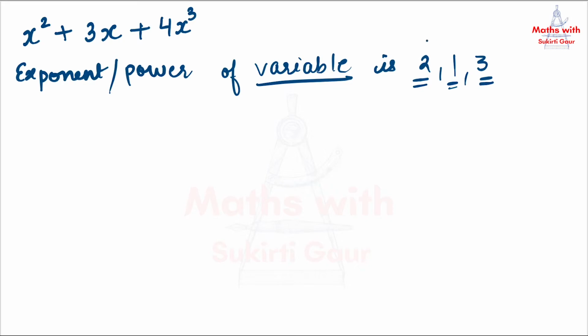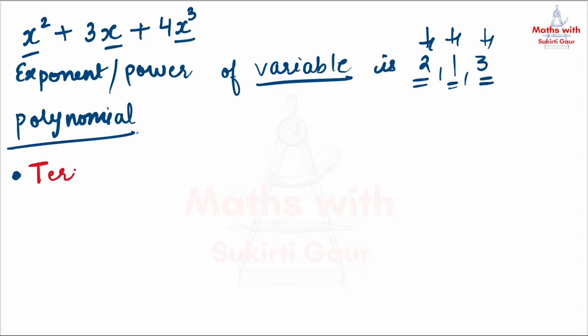These are all whole numbers. So expressions with variables having whole numbers as their power are known as polynomials. I hope the concept is clear.